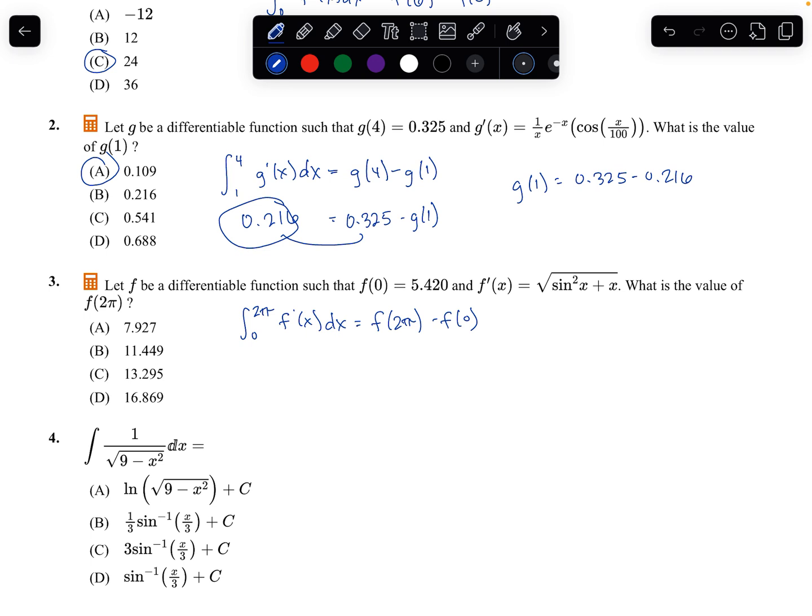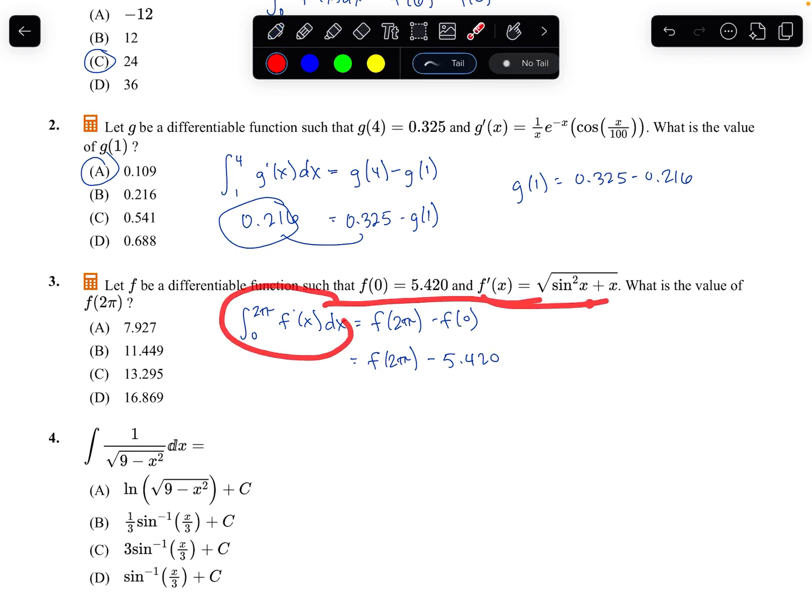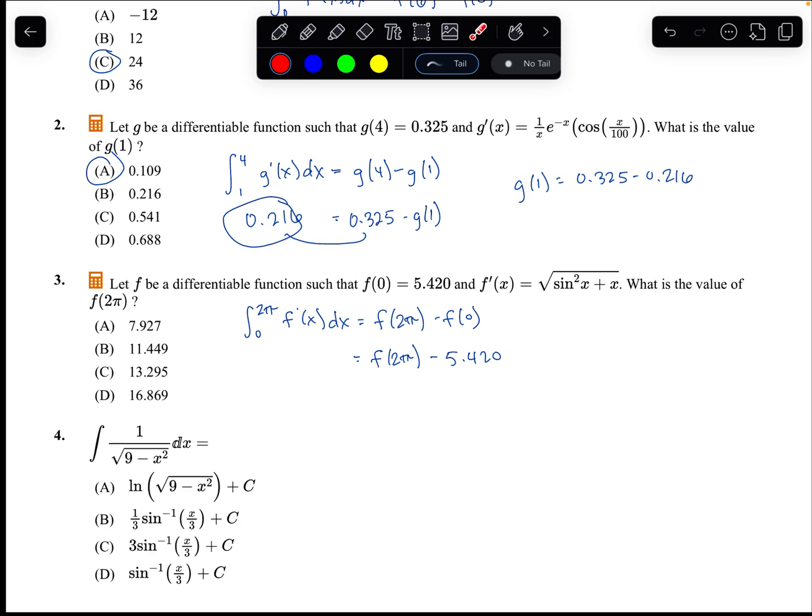Okay, and then I know that f of 0 is equal to 5.420, and I can use a calculator to get that right there.